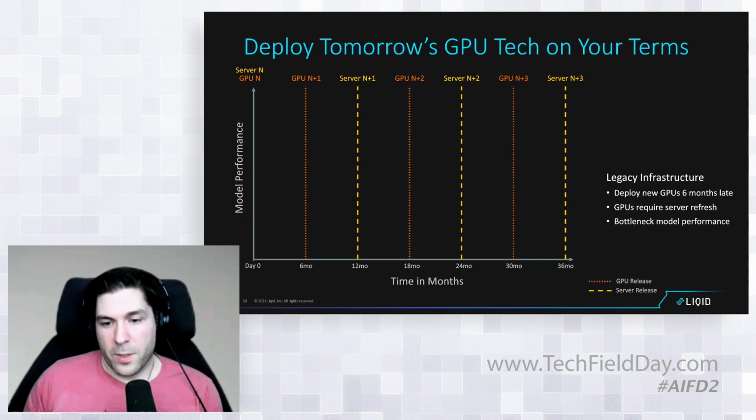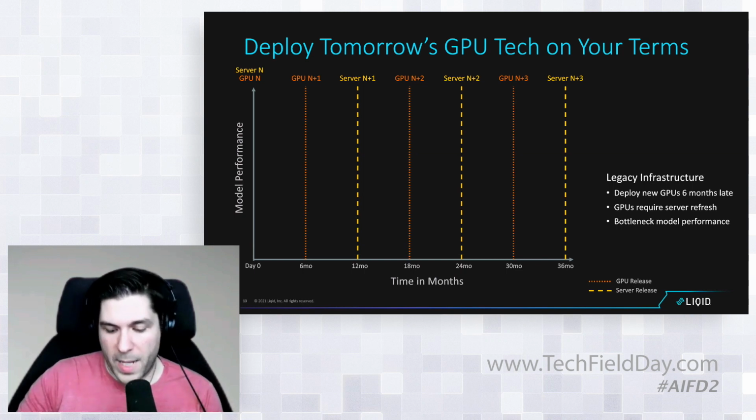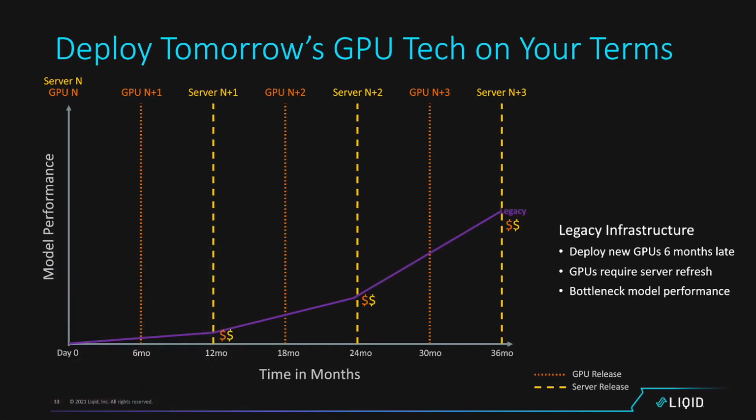So by the time you get your server that has the GPUs in it for your inferencing or your training, you're basically 6 months away from the next latest and greatest thing coming out. And what happens is this. So let's just take a company. Usually when the next generation of GPU comes out, there's a doubling in performance and a halving in power. That's kind of what we see for cost per watt.